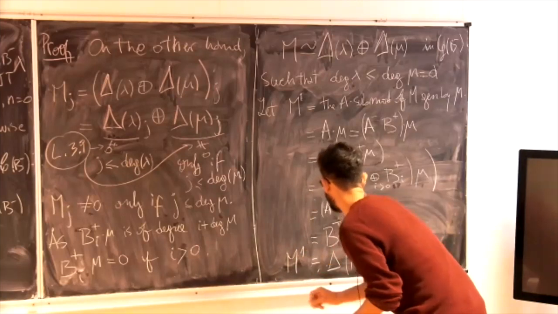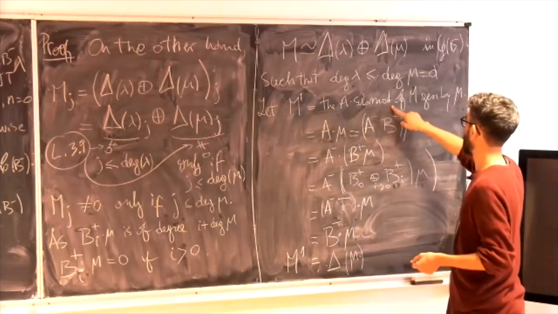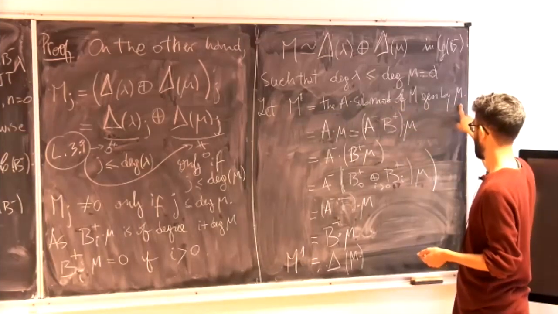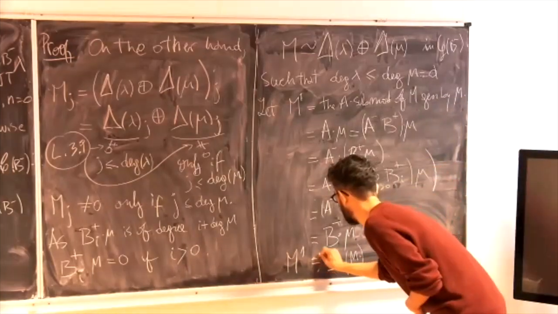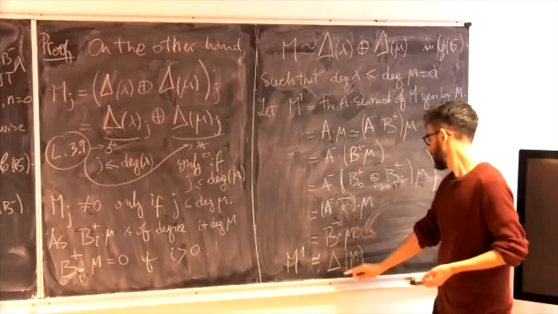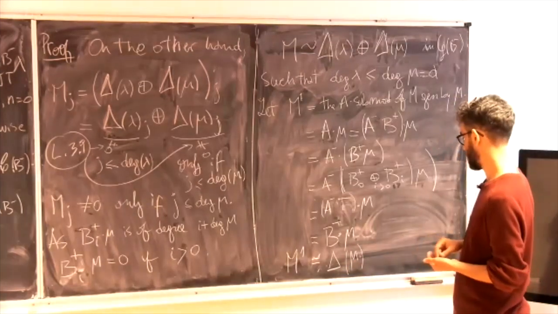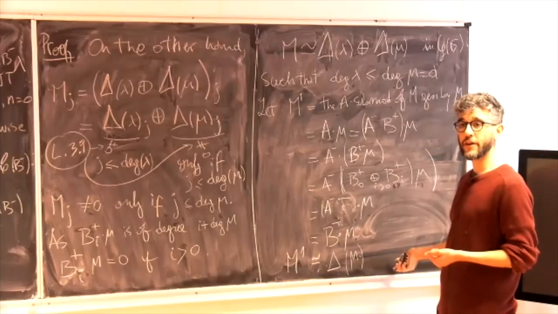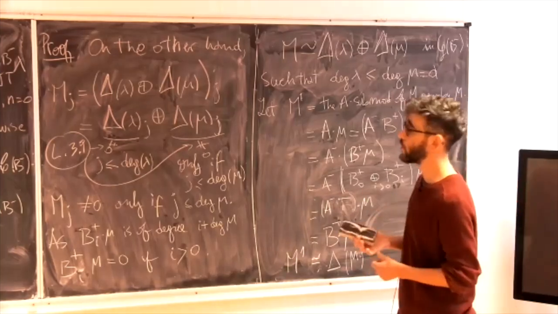So we have proved that the submodule generated by mu is isomorphic or equal to the standard module m mu. So this gives the first part of the standard filtration that we are looking for.